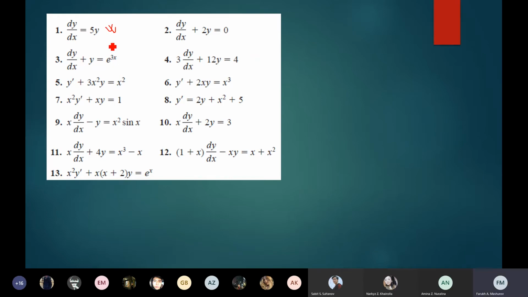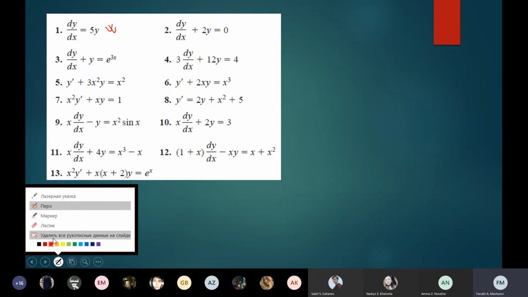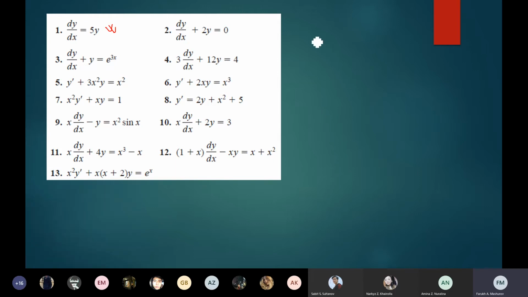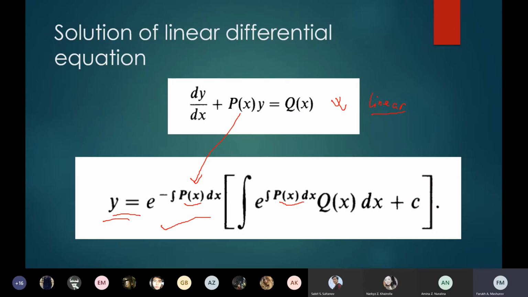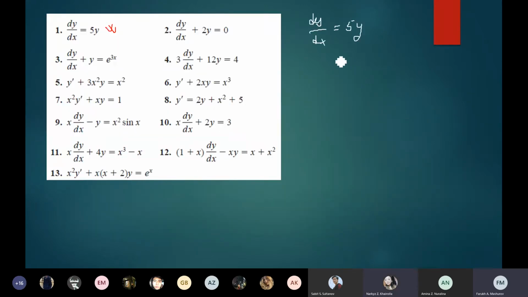Let's write this one in white color. Here I have dy over dx is equal to 5y. Can you tell me what p(x) will be here, and what q(x) will be? We need to write this in the standard form, so dy over dx minus 5y is equal to 0.